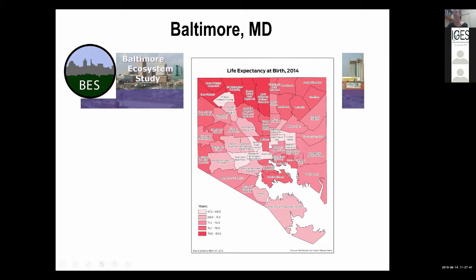And so within a couple of kilometers, you can be a family who has a baby with a life expectancy of 67 years, or if you live just a couple kilometers away, your baby might have a life expectancy up to 90 years, right? I mean, that's a pretty big difference for a short distance.